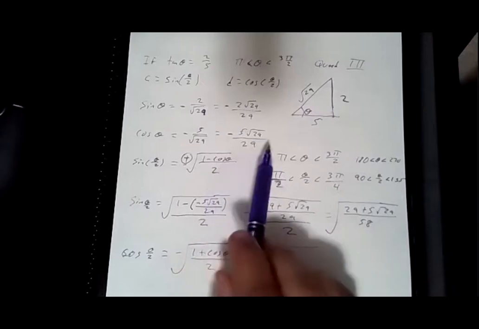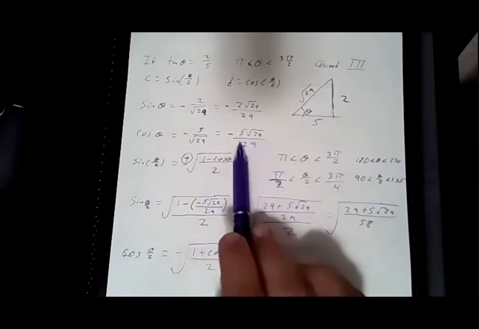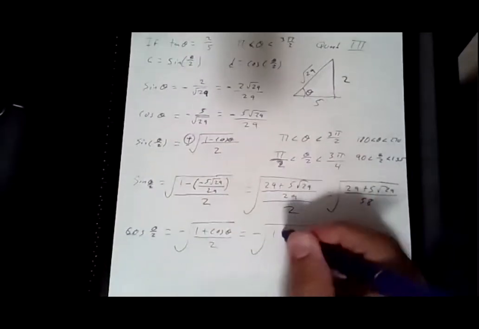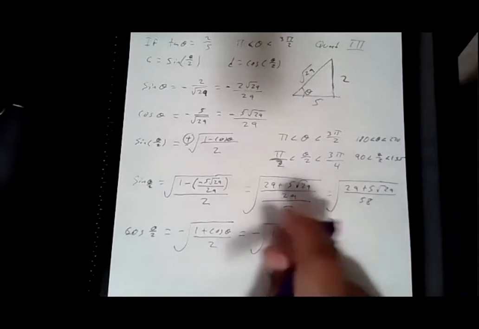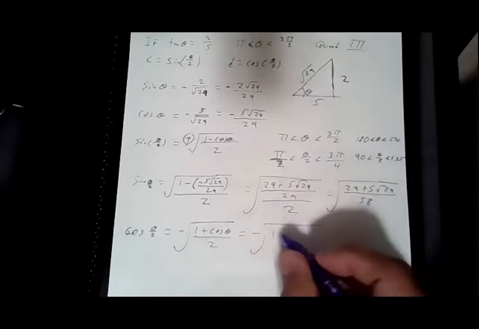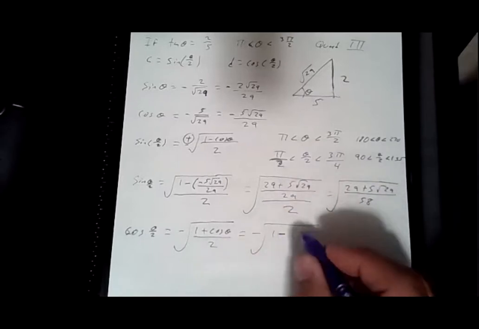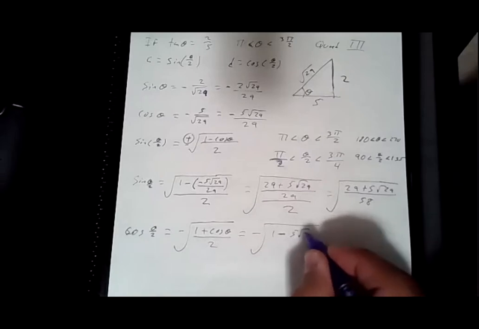And that will be... Minus, I thought cosine was 1 plus. Yes, that part is true. Thank you. So this is going to be negative, so this right here will be minus 5 root 29 over 29 divided by 2.